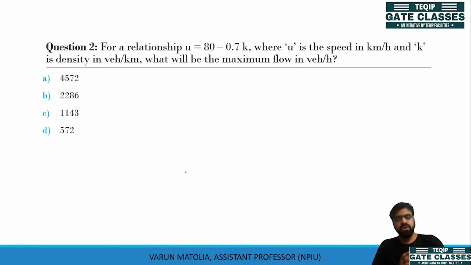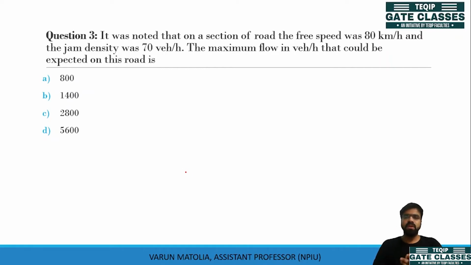Let us move on to the third question. This is the third question. It is a very easy question. What does it say? It says it was noted that on a section of road the free flow speed is 80 kilometers per hour. Okay, we have the value of free flow speed and the jam density.